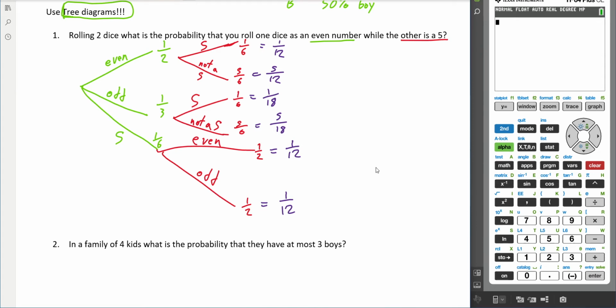Now that we've done all these combinations, which ones are favorable outcomes? If it's even and a 5, that's favorable. So here, and 5 and even, so here. We take these two numbers and add them together, and we get 2 over 12, which simplifies to 1/6.